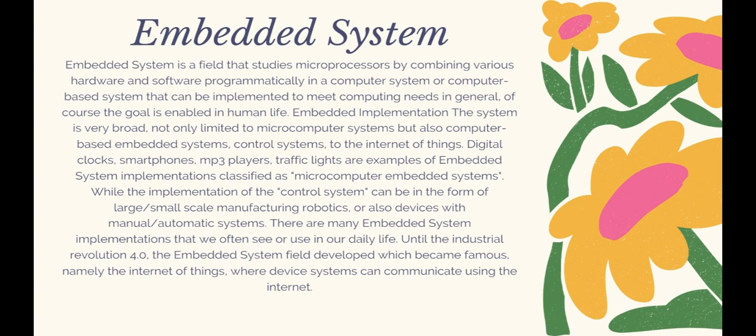Digital clocks, smartphones, MP3 players, and traffic lights are examples of embedded systems. Implementation is classified as a microcomputer embedded system, while the implementation of the control system can be formed in large or small scale, manufacturing robots, or also devices with a manual or automatic system. There are many embedded system implementations that we often see or use in our daily life.